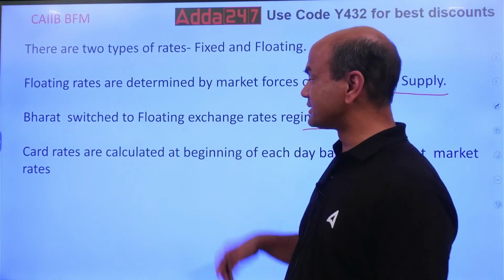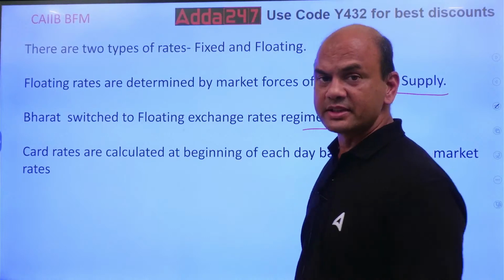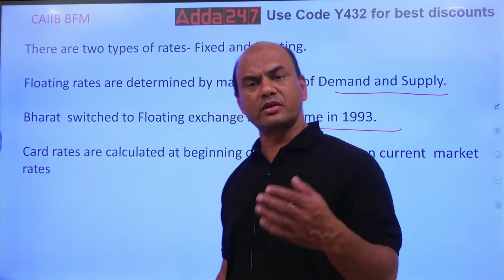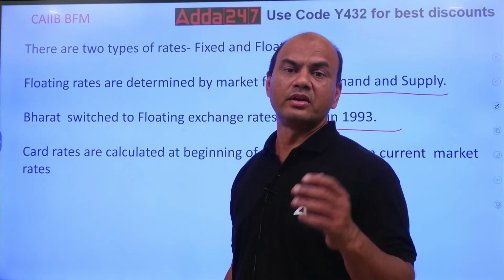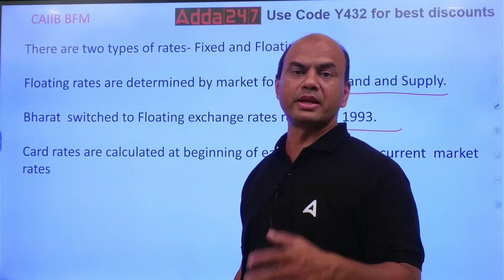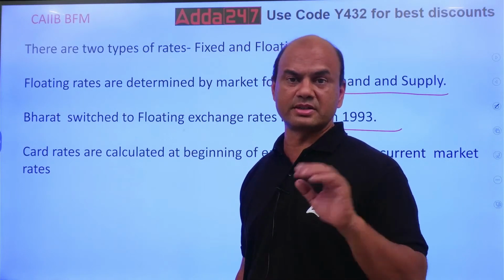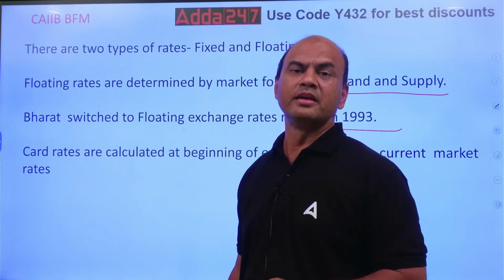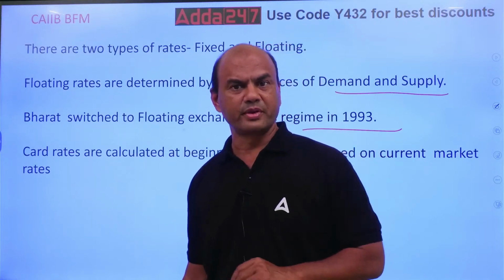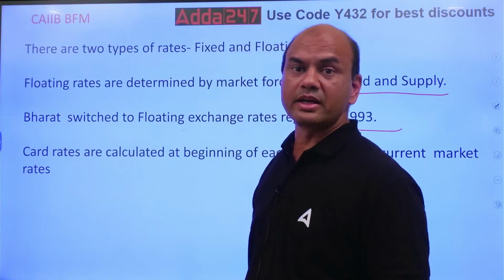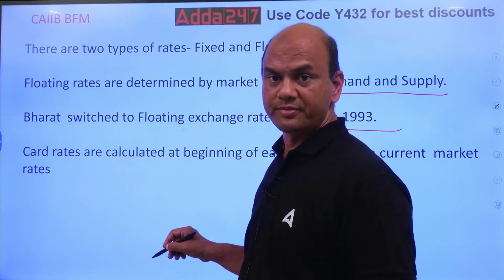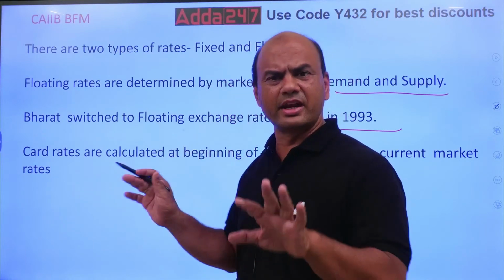Now what do you mean by this? Floating, fixed rate and floating rate. It means the rupee rate is fixed with reference to some currency, anything it can be. Generally it is the dollar. Okay. There is one more rate concept, that is direct and indirect. Floating and fixed means that the rate is fixed.